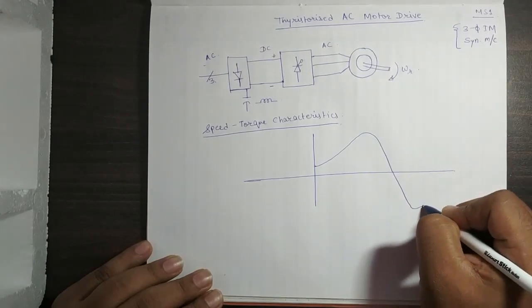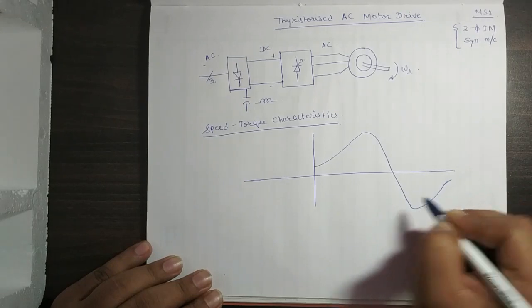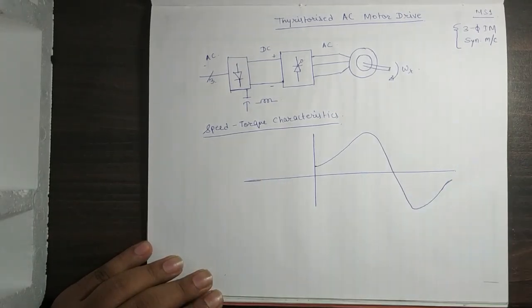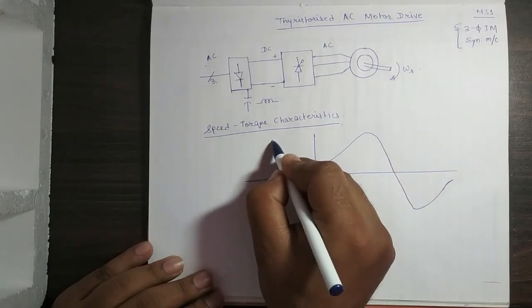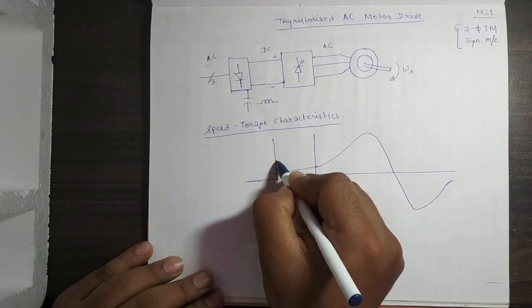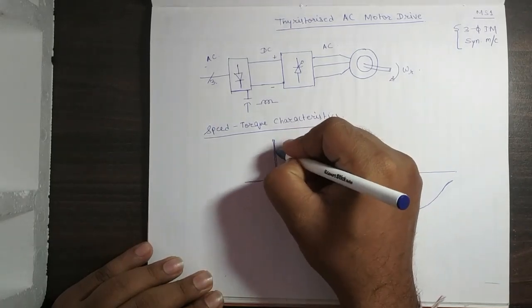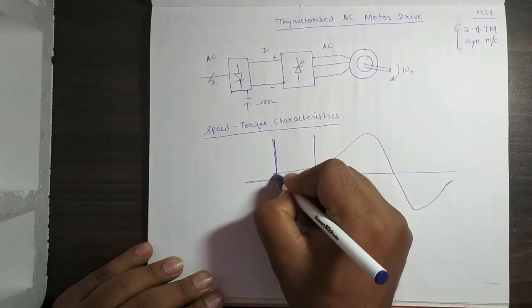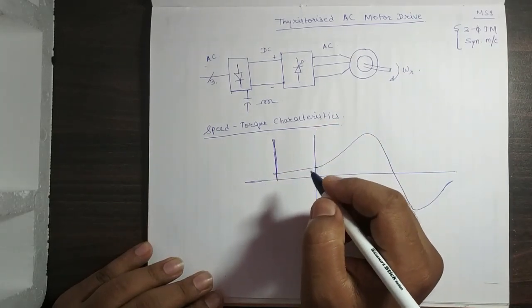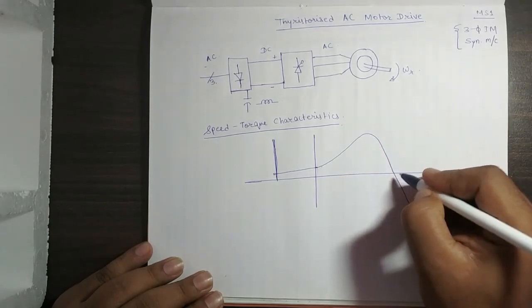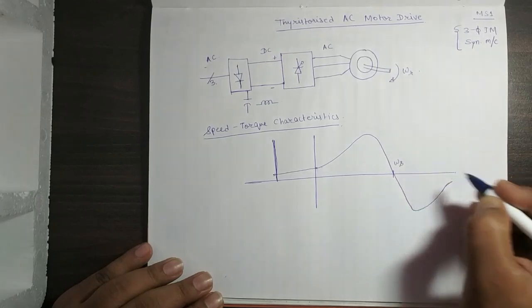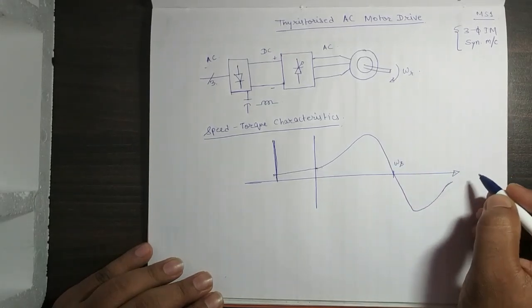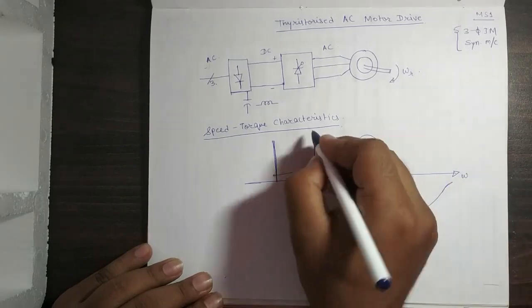This one will be extended in the other part also, and this one extended in this part. This is the synchronous speed, omega s. This is speed with respect to omega, and this is torque.